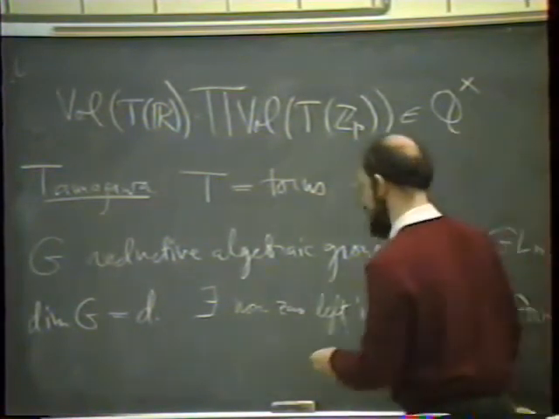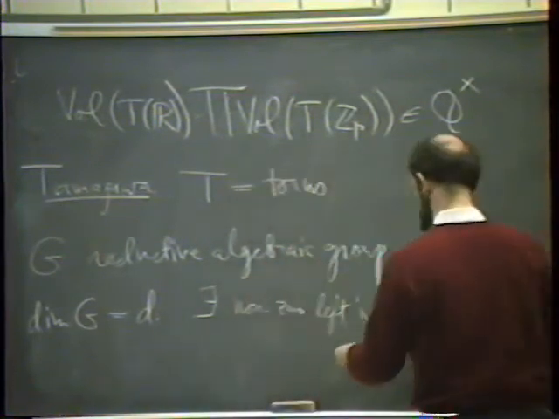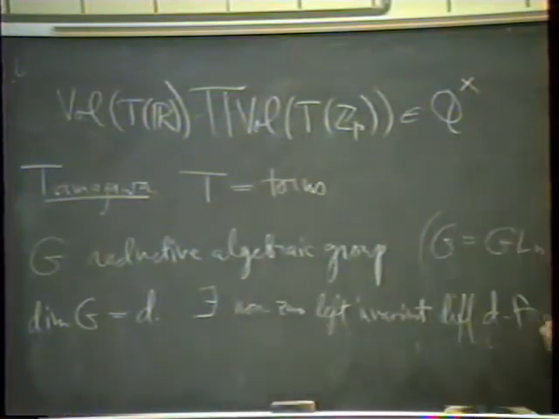So this d-form, let's call it, say, omega on G.